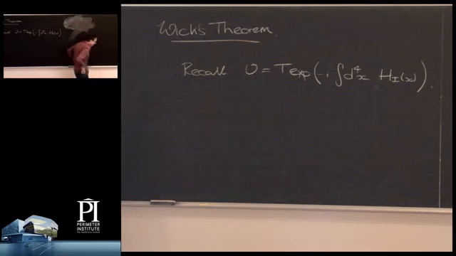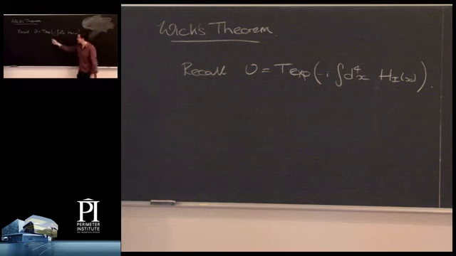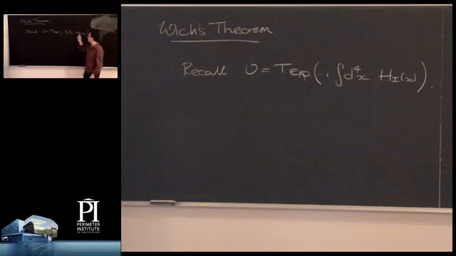Okay. So we've got this unitary operator, and like I said, it's a little bit formal, this T thing. It's pretty hard to do these integrals explicitly, typically impossible in a quantum field theory. So what do we do? We just Taylor expand this exponential.